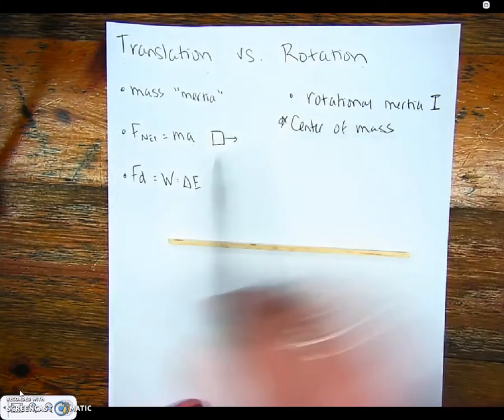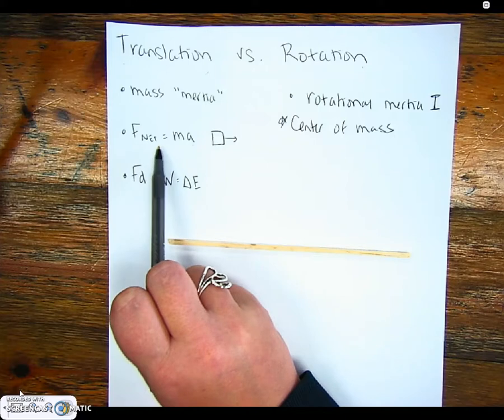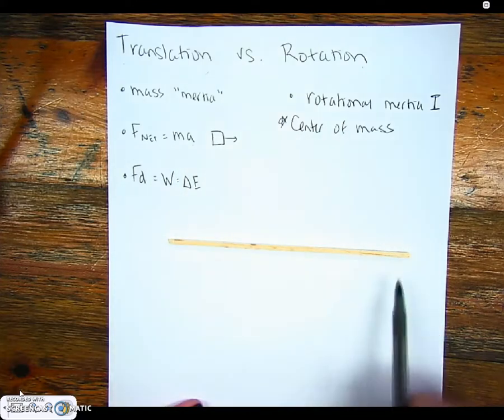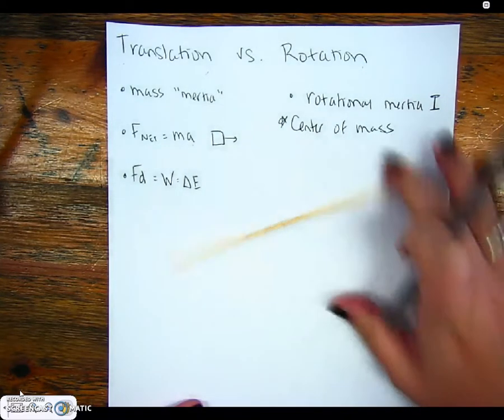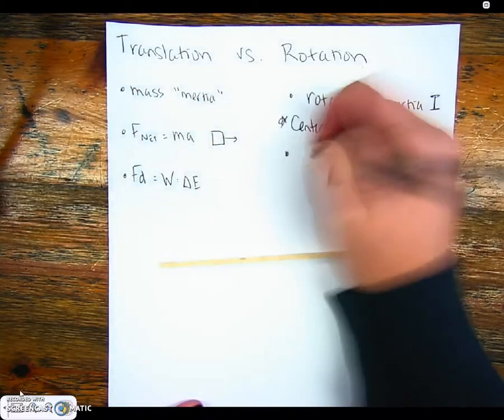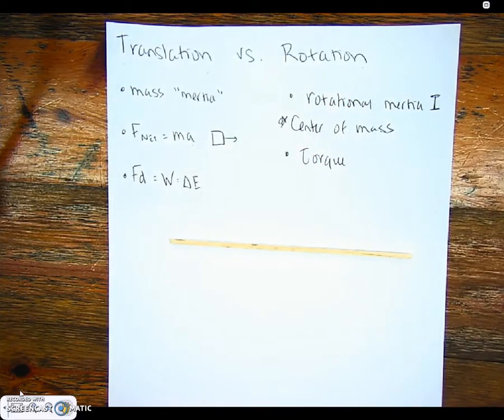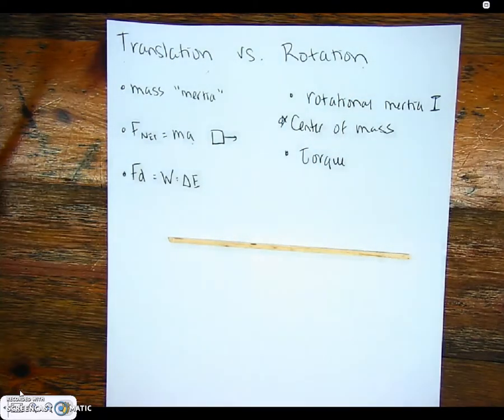If I apply a force outside of the center of mass, it's going to cause the object to rotate about the center of mass. This is an idea called torque, and we'll look at the equation for torque later, but I wanted to give you the terminology now.